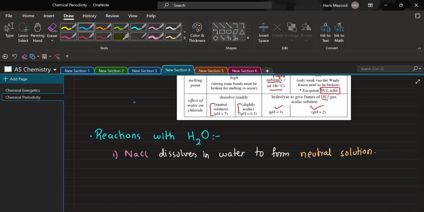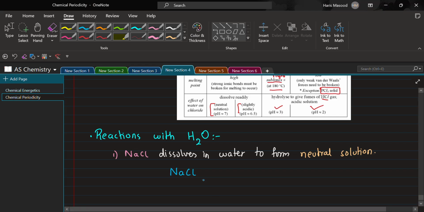So the equation will be something like this: NaCl solid, you add it to water, which means aqueous. It forms either NaCl aqueous or you can write it like this, that it forms the aqueous ions. Clear?